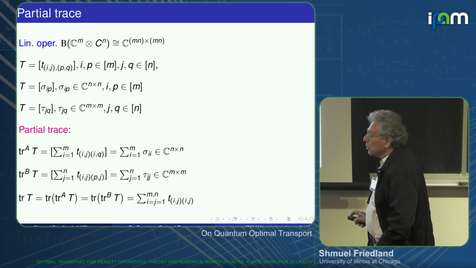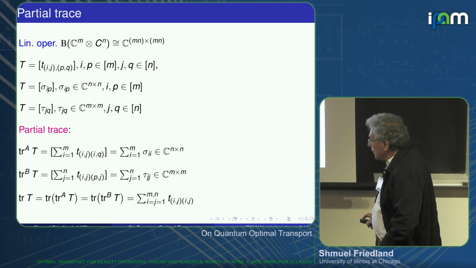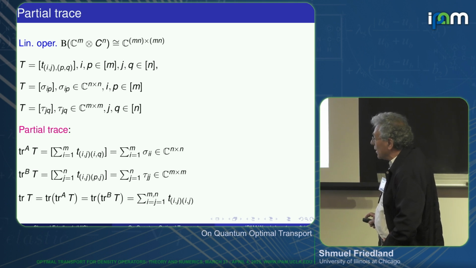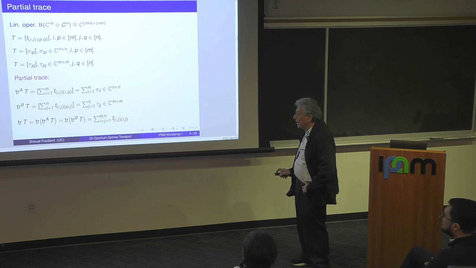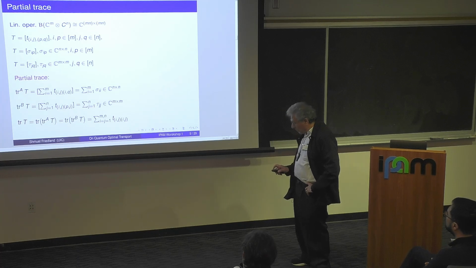So you trace out Bob. What does it mean? You sum on the indices J and J here, and leave the rest like that. It corresponds to the sum of the diagonal blocks of the matrix. Trace over A is similar, and for the total trace, you take the trace over both. So this is the total trace.